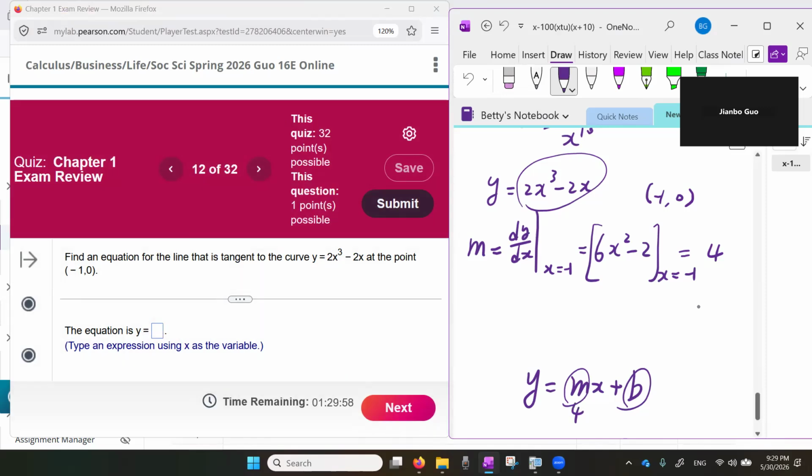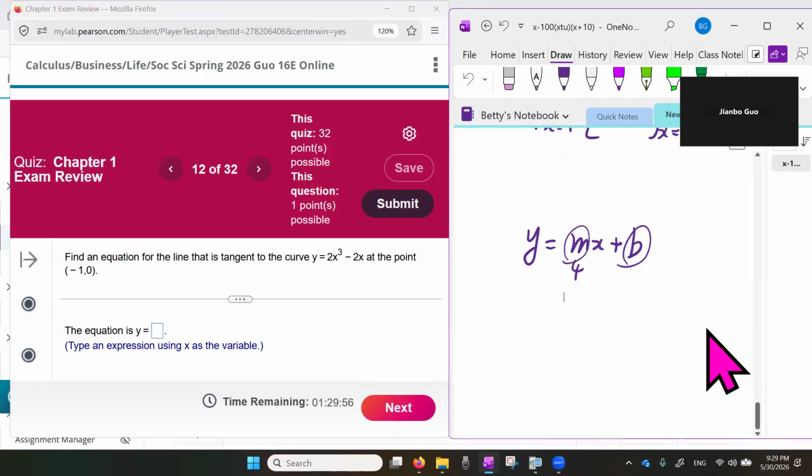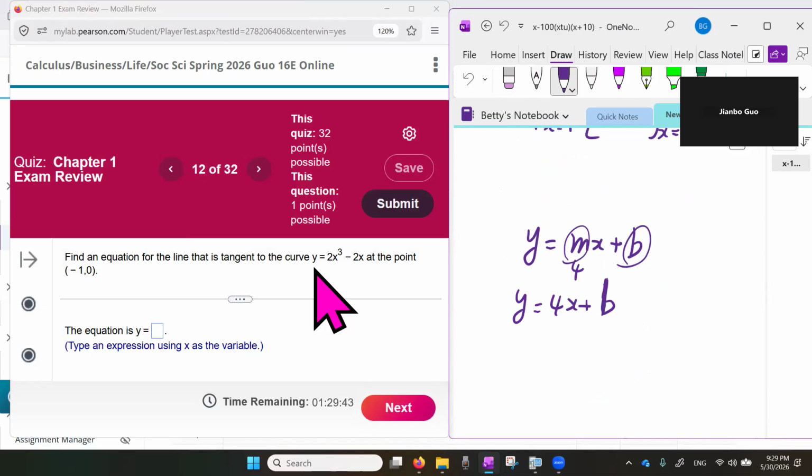All right, so the equation of the tangent line is y equals 4x plus b. Now, how do we find the value for b? If we know b, then we know the answer, right? We're going to plug in the given point -1, 0. That means x equals -1, y equals 0.